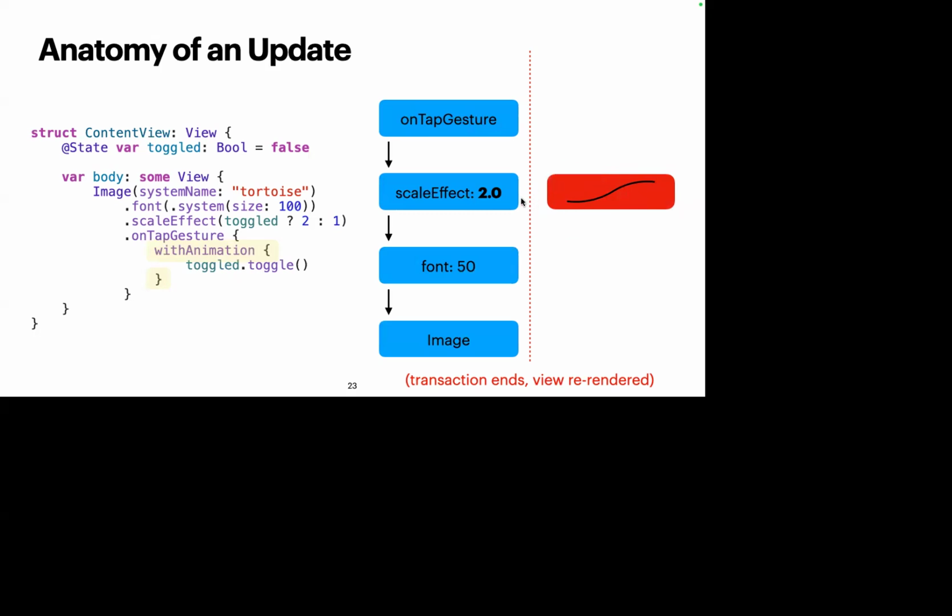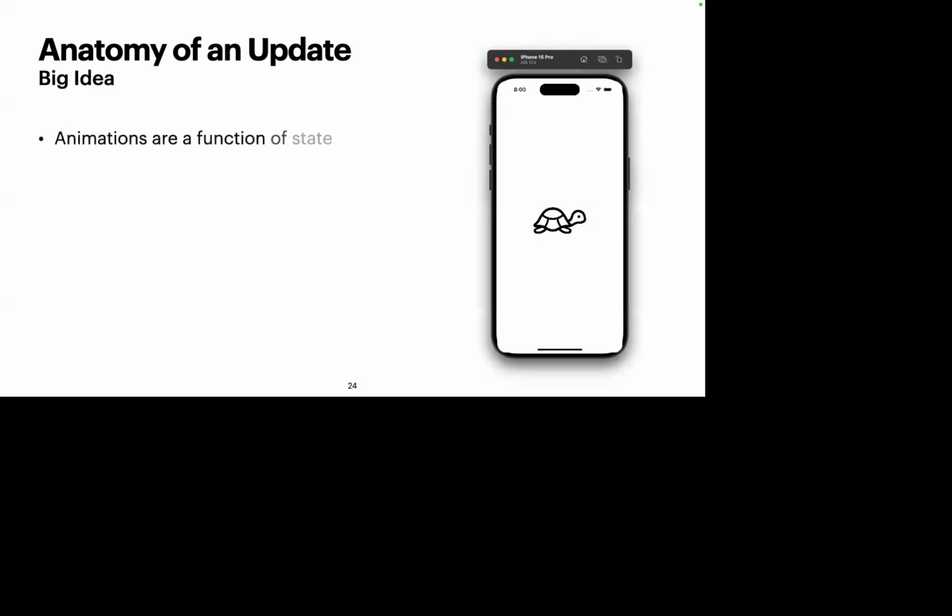But the different animations will basically change from 1.0 to 2.0, and interpolate between those points. Does this make sense? Questions? Okay. So again, the big idea is that animations are a function of state. So if your state changes, your animation will perform based on that change.